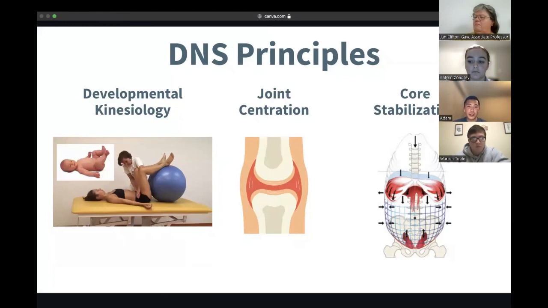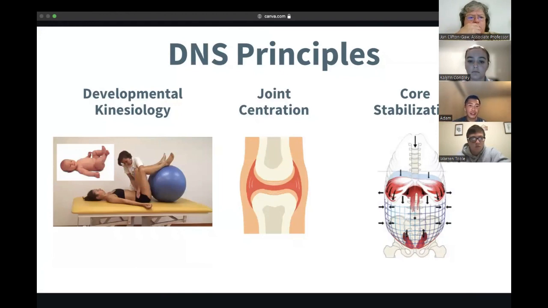The second principle is joint centration. A centrated joint means the joint is at its most congruent position, in which it can transmit forces most efficiently and is in its most stable position. It's like our close-packed position. In the picture on the left, the hip is in the centrated position, which is abduction and external rotation.